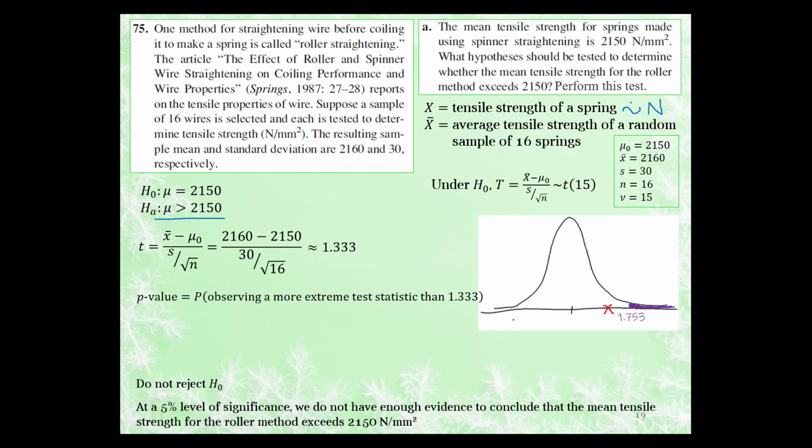And we've indicated it there already. And if we shade the area, what we see is more extreme again, determined by our alternative, then it is that orange area over there. So what we want to calculate is the probability that t is larger than 1.333.